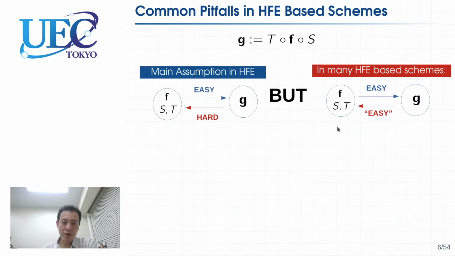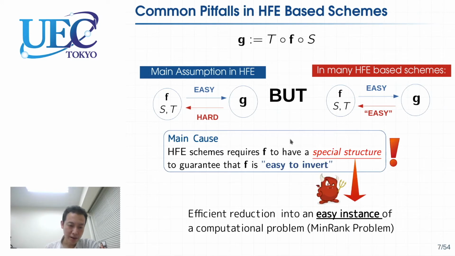The common pitfall in SFE-based schemes is that the main assumption in SFE is supposed to be that it is hard to find f, s, and t given g, but it turns out that in many SFE-based schemes it is easy to find f, s, and t from g. What is the cause?